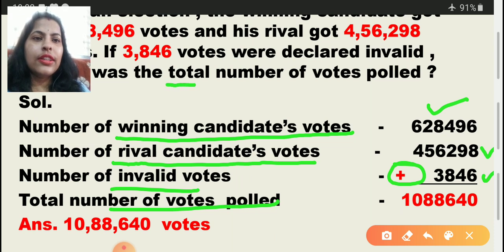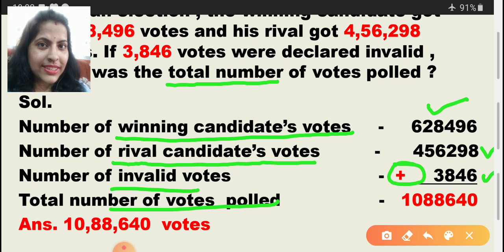Here in the question you can also see the word total, and I have given you the keywords for addition, subtraction, multiplication and division for this purpose only, so that you will be able to decide which operation you have to use in your word problem.